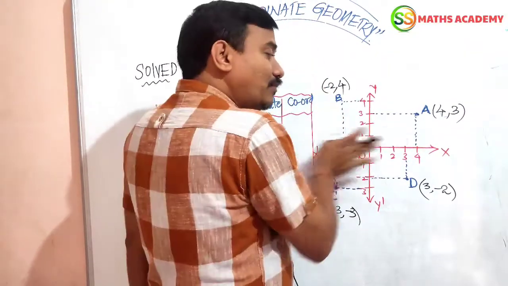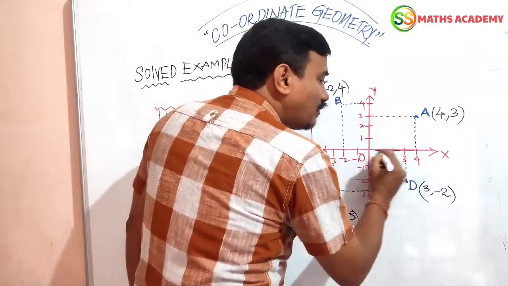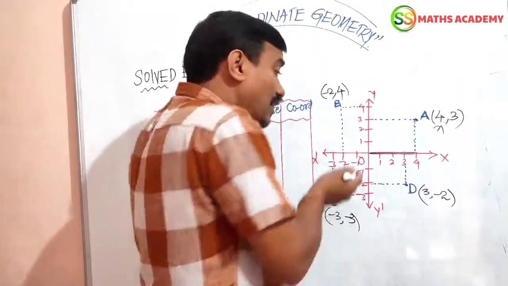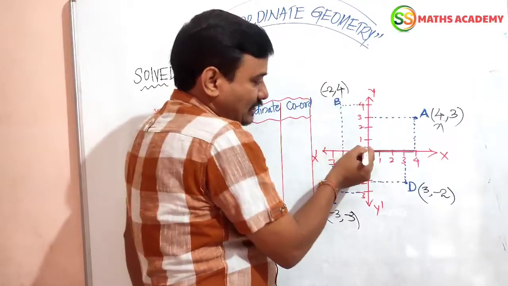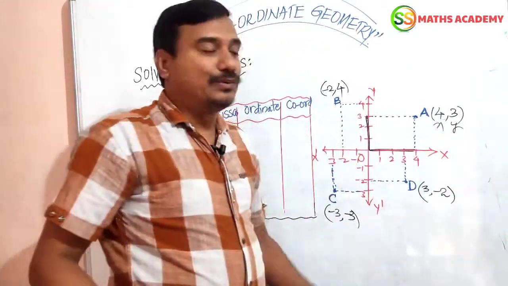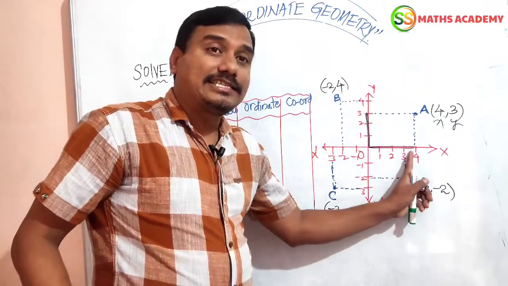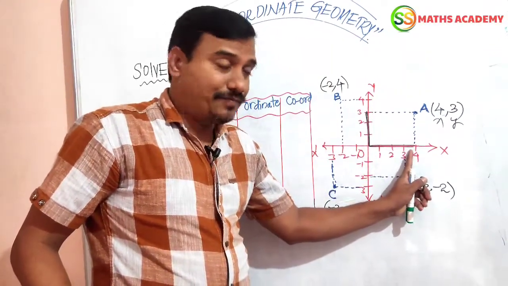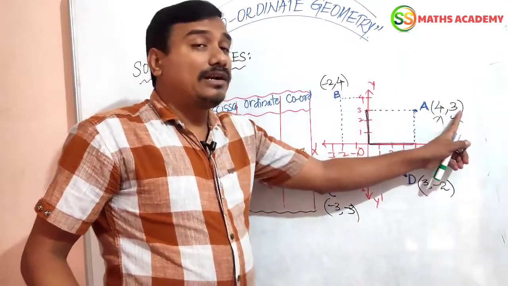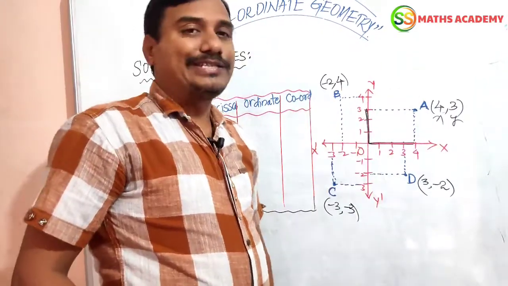This length is 4, so the x value is 4. From the x-axis, this is called the y value. From the y-axis is called x coordinate, abscissa. From the x-axis is called y coordinate, or ordinate also.